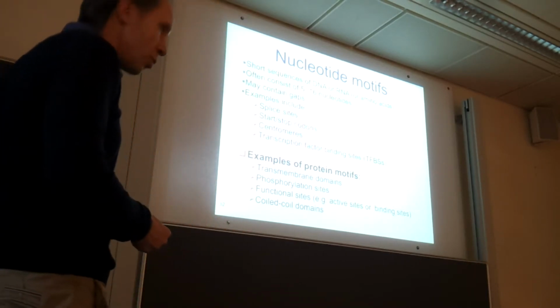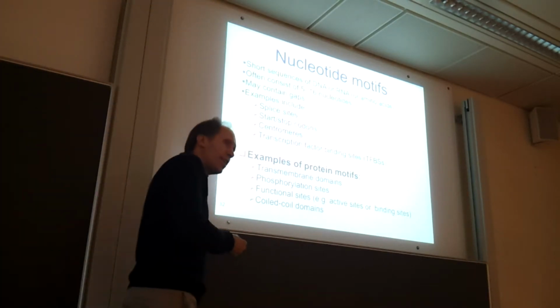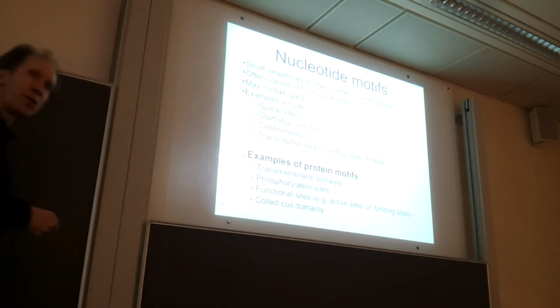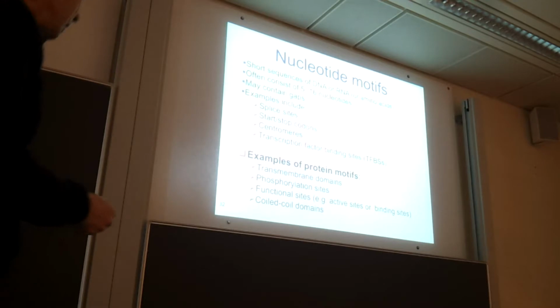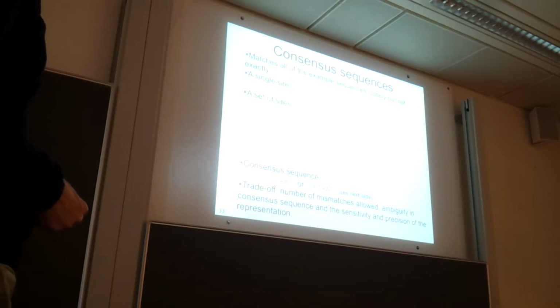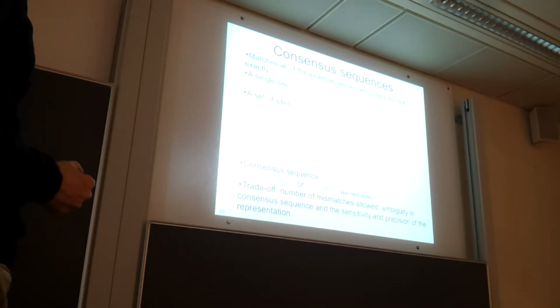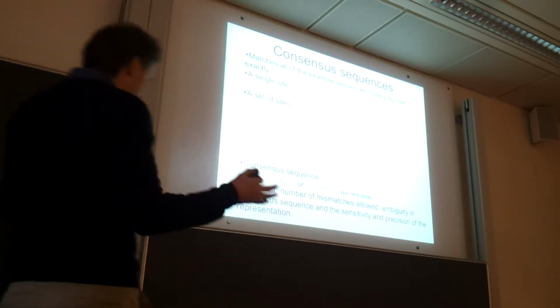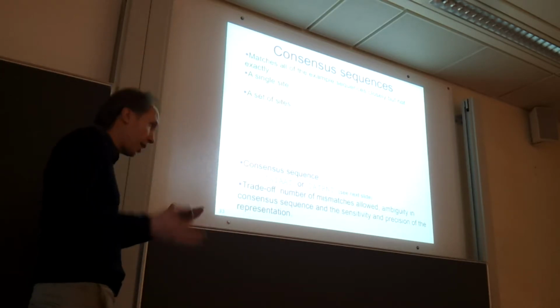And of course, you saw already one example of this. The leucine zipper is an example of a so-called coiled domain. Right. So you can have a single site that is a certain family or has some functionality attached to it.